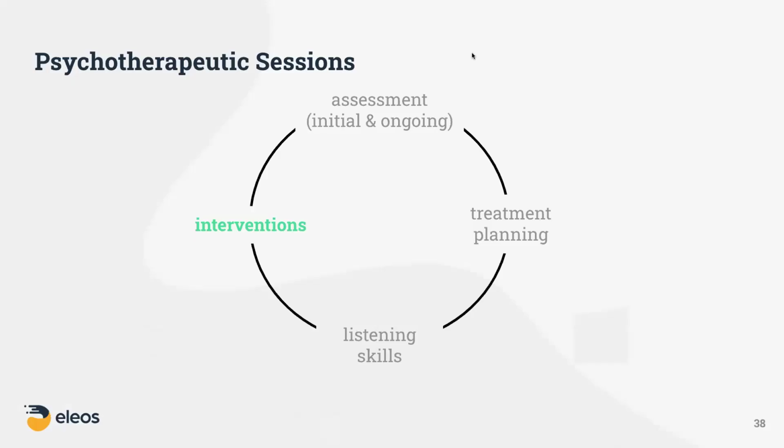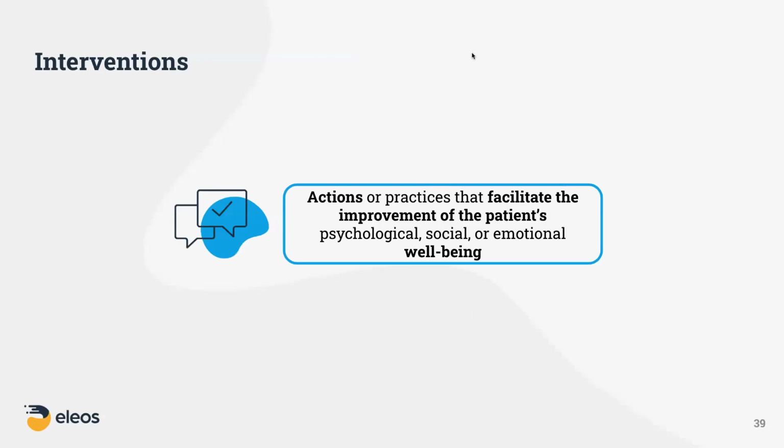So as Amit said, these are the main components of a therapy session. Interventions is right there. But what exactly are interventions? They are actions that facilitate the improvement of the patient's psychological, social, or emotional well-being.